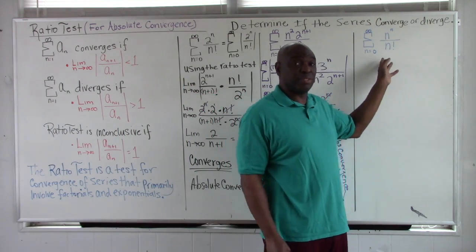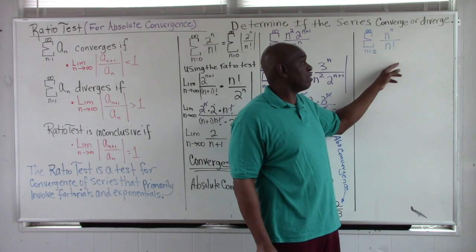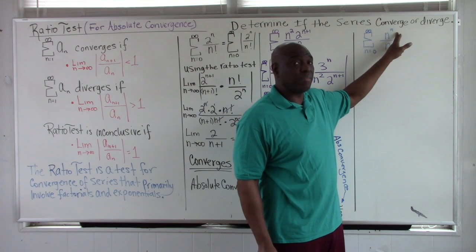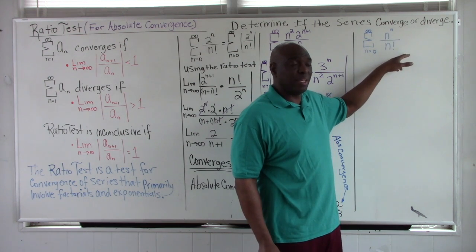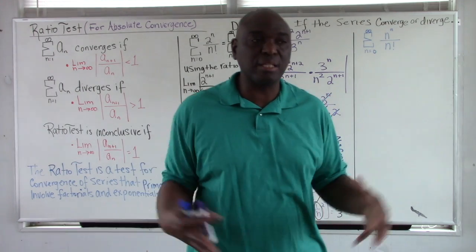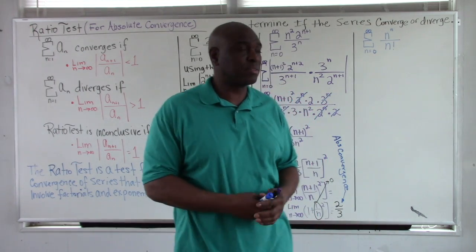We have a series, and in this series, I see an exponential power divided by a factorial. And an exponential power function grows at a much faster rate than a factorial function, right?